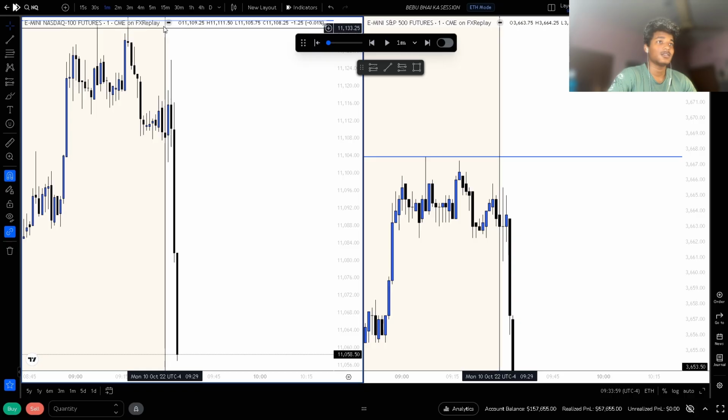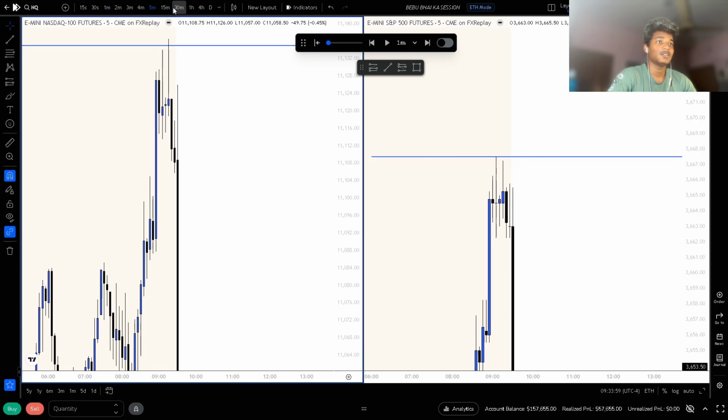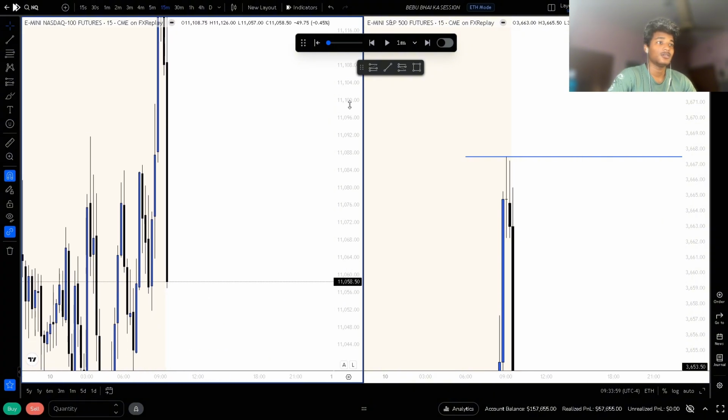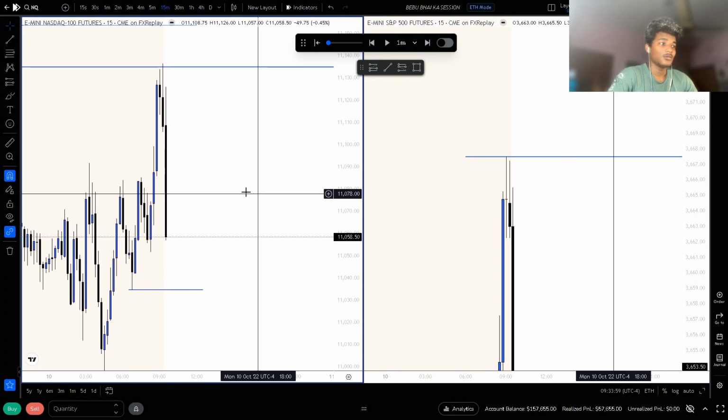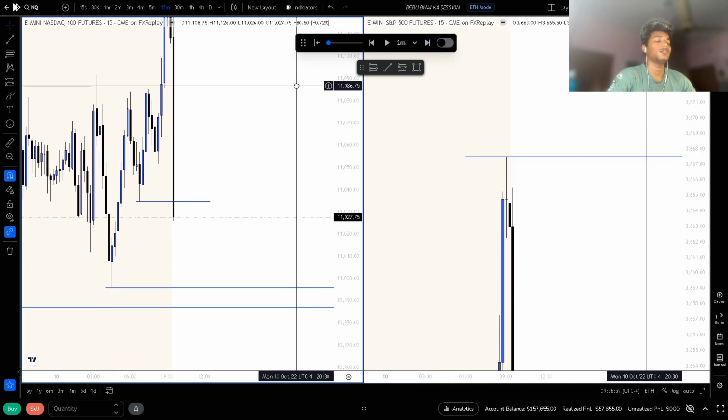So market just tapped this 5-minute gap and started to dump down. So if we inverse this gap, I will be taking continuations.